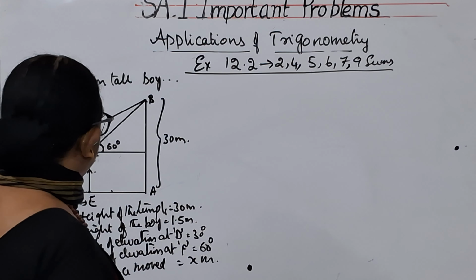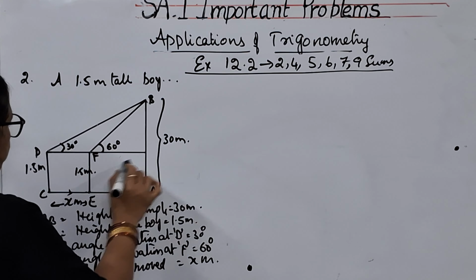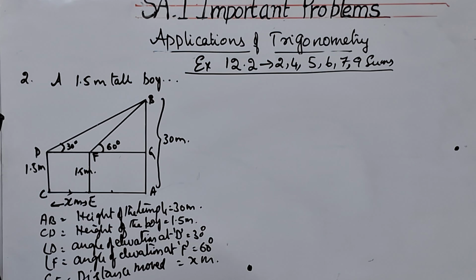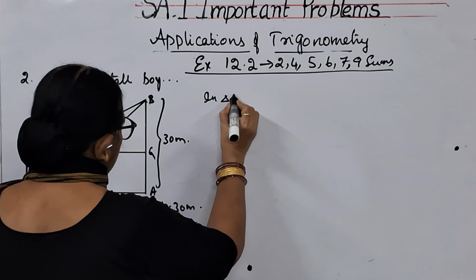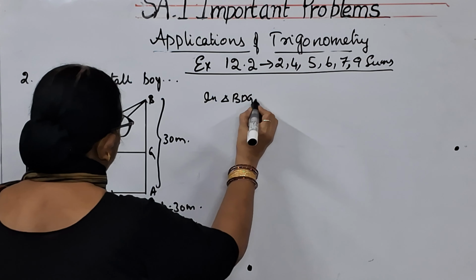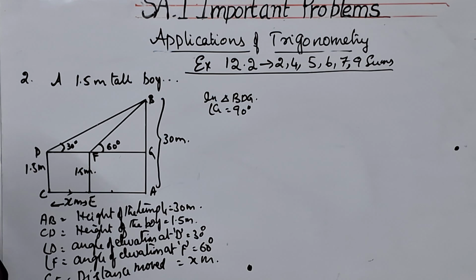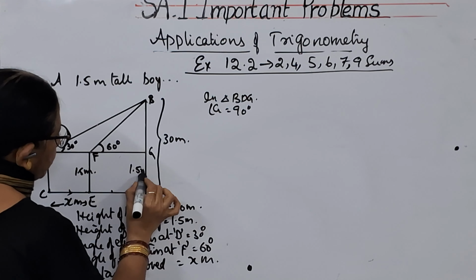Now let us see what you need to find. First, let me consider the point G. Now you have got triangle BDG. In triangle BDG, angle G is 90 degrees. And see children, this is 1.5, so this is also 1.5 meters.